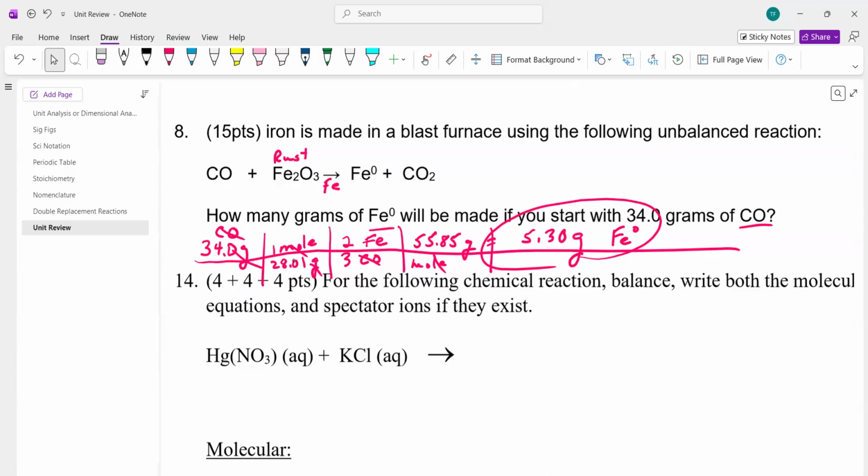Did you get 45.1? I remember the 45, I don't remember what the full answer was. 45.1.